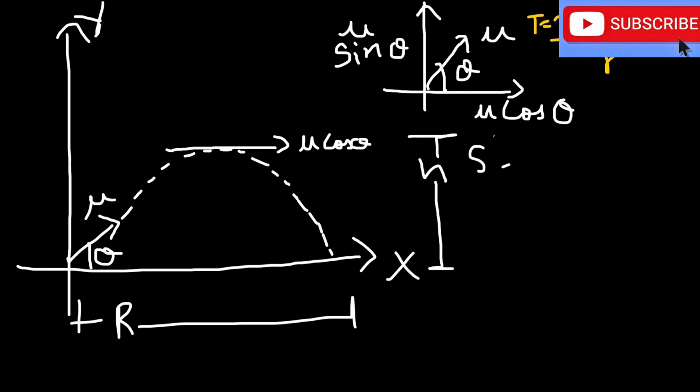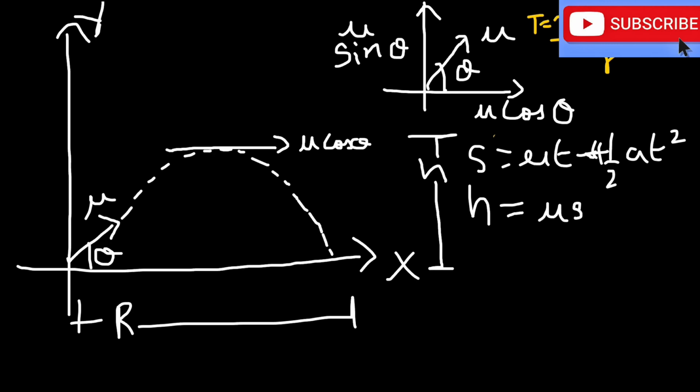We'll use this expression for our vertical motion. Here s will be equal to h, and the initial velocity will be u sin theta. The time will not be the total time of flight, it will be half the time of flight, because the projectile takes T by 2 seconds to reach this maximum height.